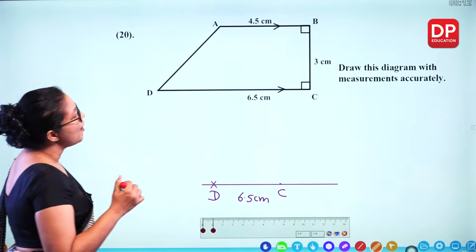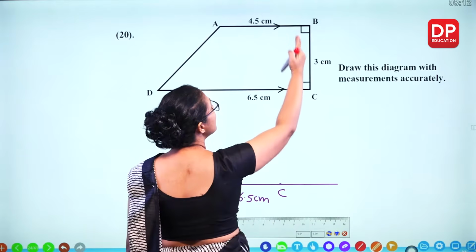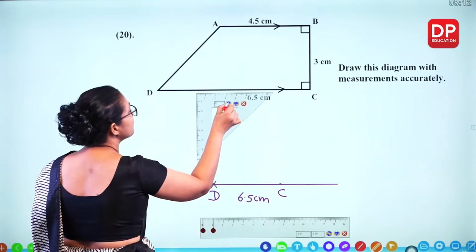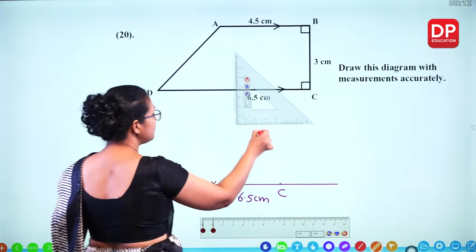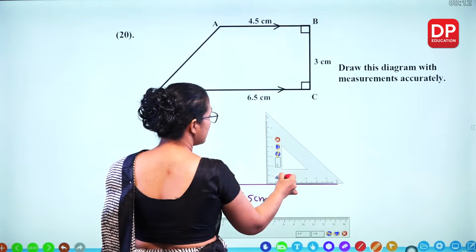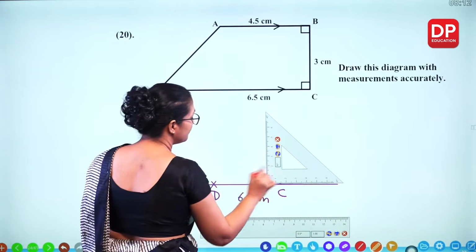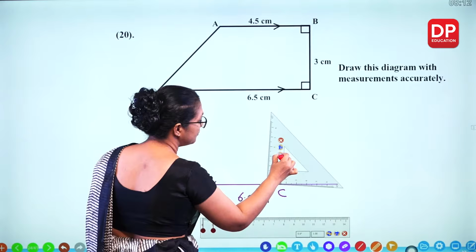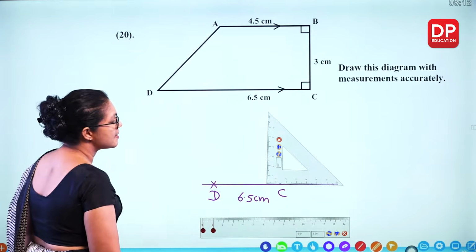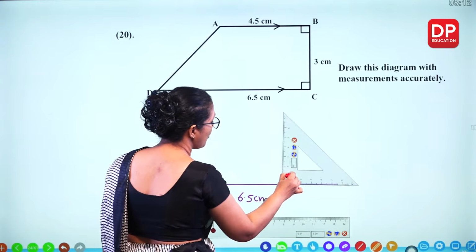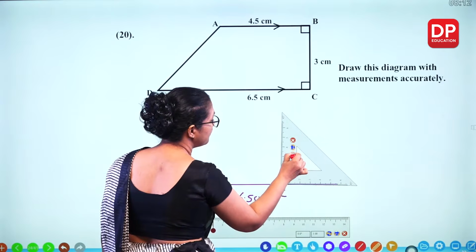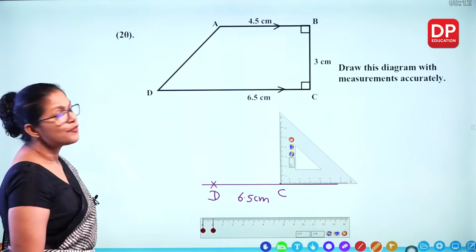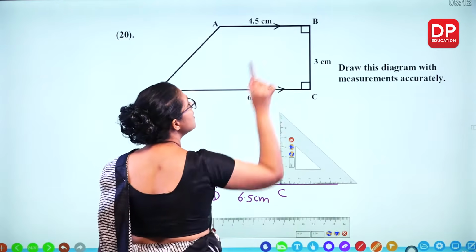Then what you do, you have to draw a perpendicular line to this. So we need the set square for that. So we can keep the set square with one edge on the CD line. Like this. So we'll take the point C here and measure 3 centimeters, because here to here is 3 centimeters.